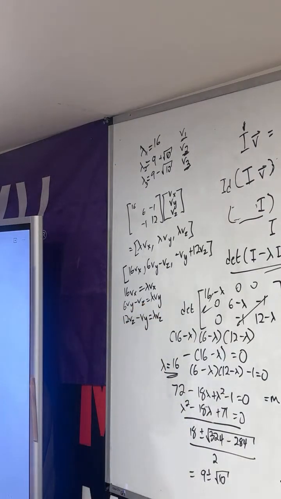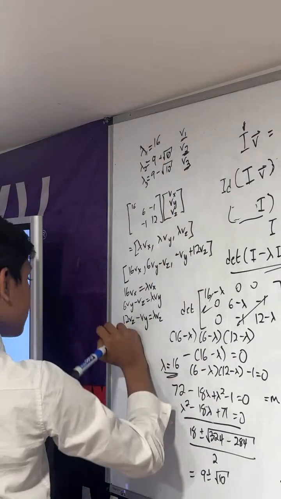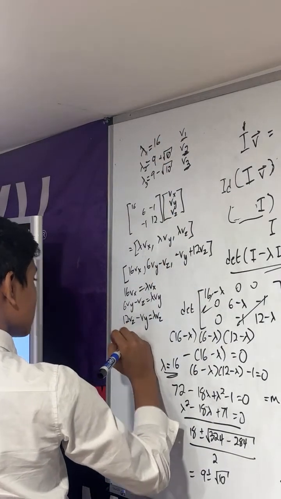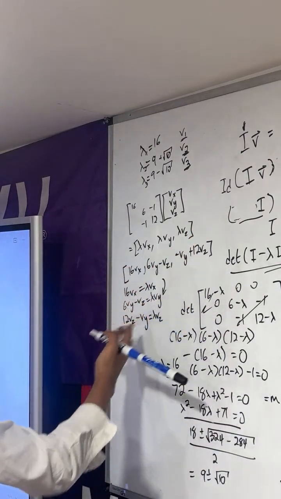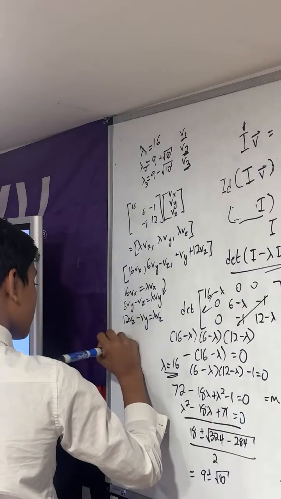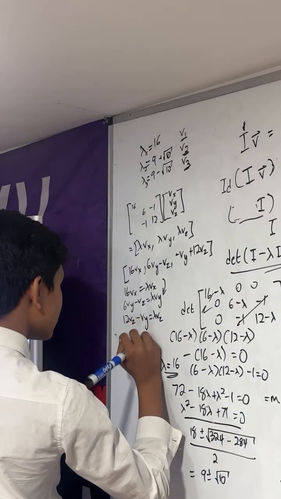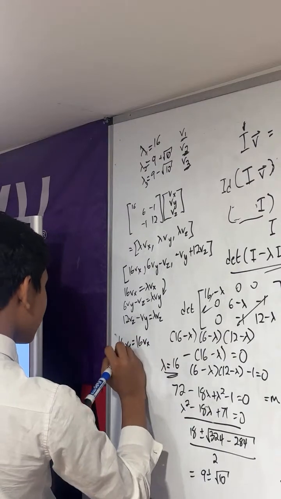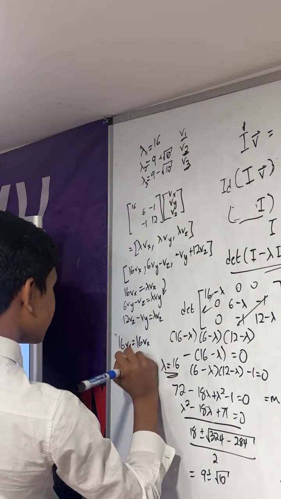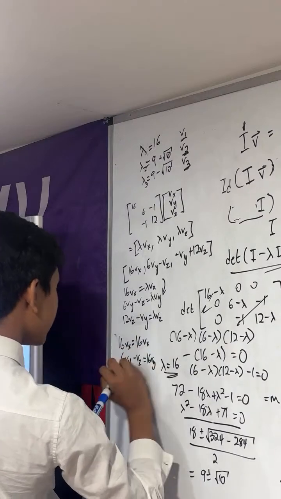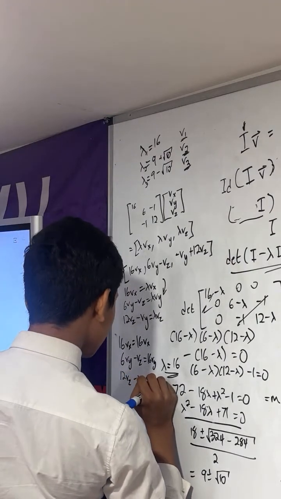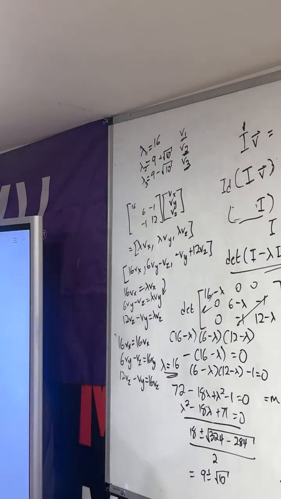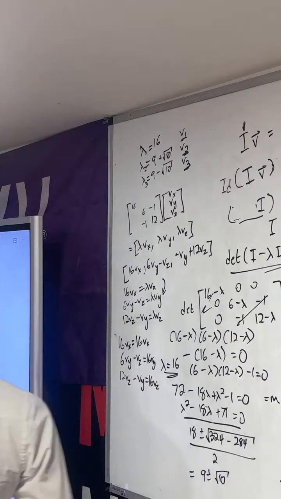Well, what are the solutions to this system of equations? It depends on lambda, of course. If lambda is 16, you get this: vx could be anything, 6 vy minus vz is 16 vy, and 12 vz minus vy is 16 vz.